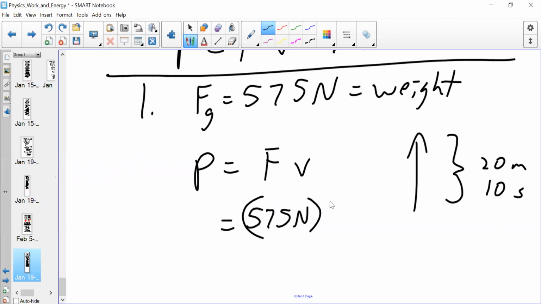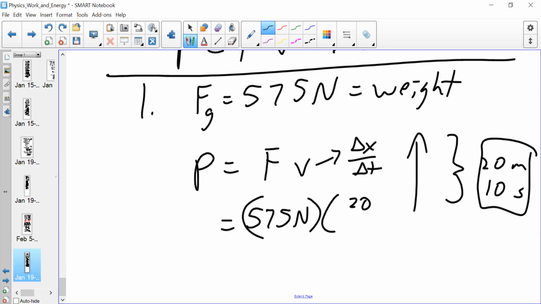We have 575 newtons. Remember, velocity is delta x over delta t, so we can use a delta x here. And we have it.